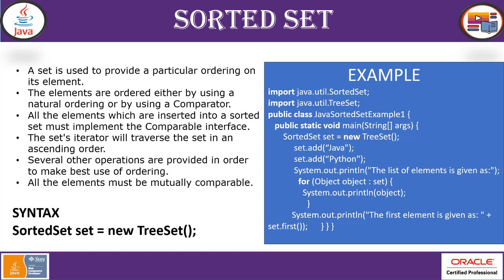Several other operations are provided in order to make best use of ordering. So this type of set interface based object will help you store the elements in a specific order. All the elements must be mutually comparable. So that's the difference from other set objects.